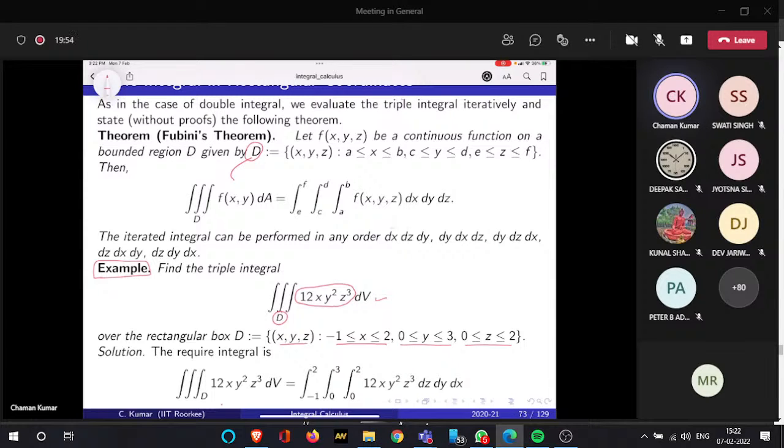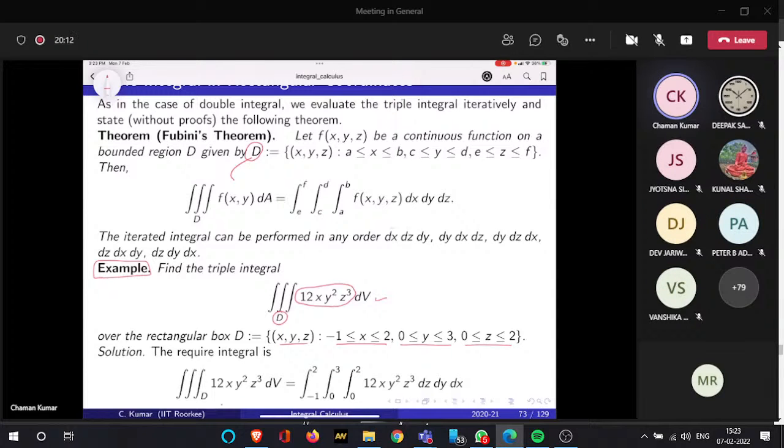So if you recall, when we were calculating the double integral, the first step was to identify the boundary.